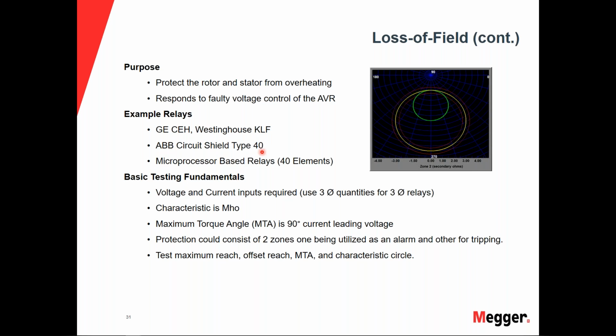So you're almost doing it single phase using the 3-phase voltage. The characteristic most of the time is a mho circle, and then also we have the MTA, which we'll see here in a minute, how we're going to do that test. And then we want to give it a good reach test, offset reach, and an MTA, and at least plot a few points on the circle if possible.